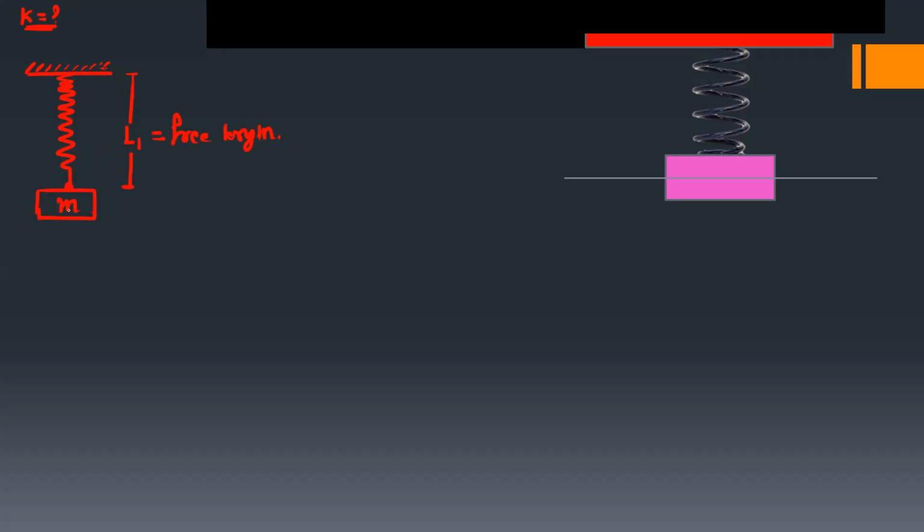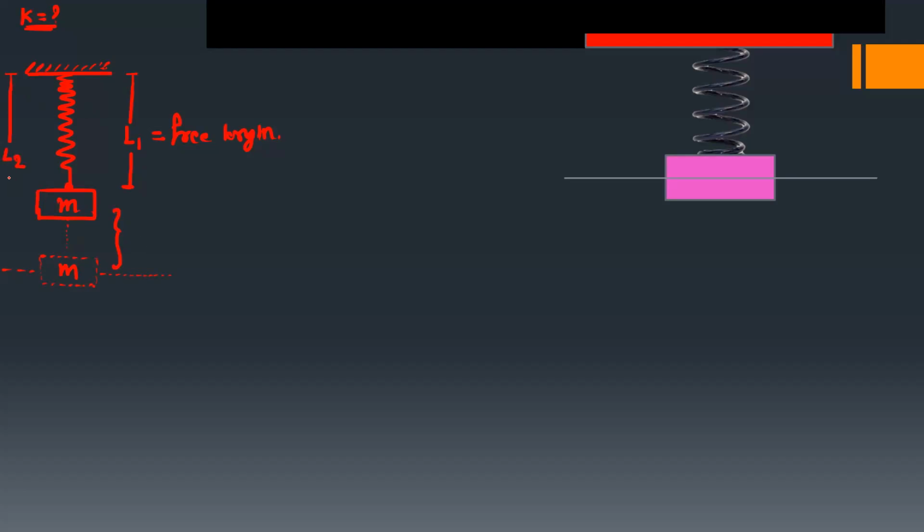Because of this weight, the spring will undergo some deformation, that is a static deformation. After this static deformation, the system will remain stationary; it is not oscillating. You have to measure the complete length again.